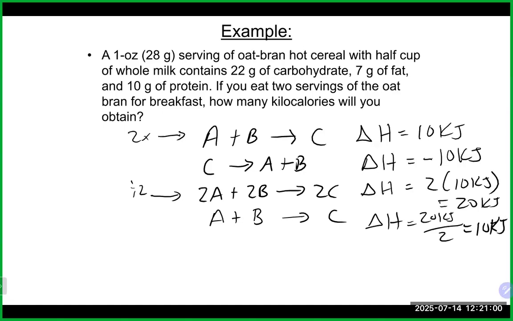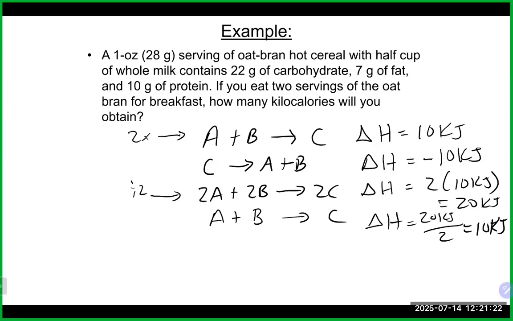So these are really 4 different ways that we can manipulate an equation that has a delta H value. And again, it is very different than what we do with equilibrium constant values when we add equations together. So this is more multiplying, dividing, and changing the sign.